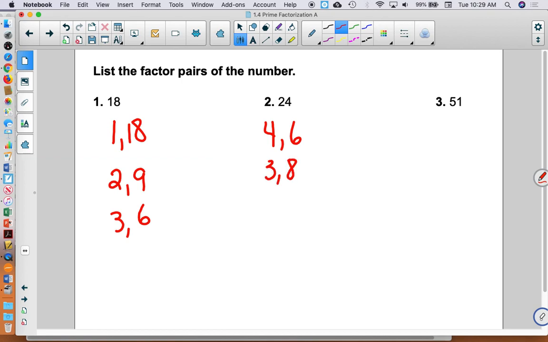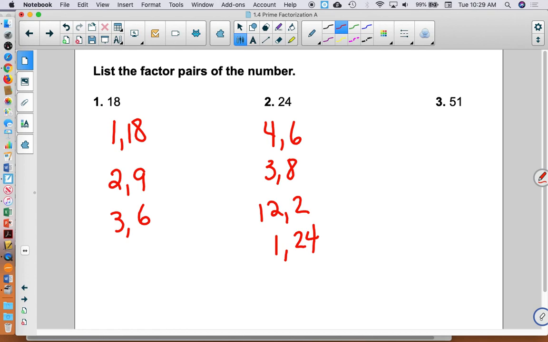What's another factor pair, Caleb? 12 and 2. What about another factor pair? Is there any more? Kinsey? 1 and 24. Anything else, or do we have all of them? I think we have them all.